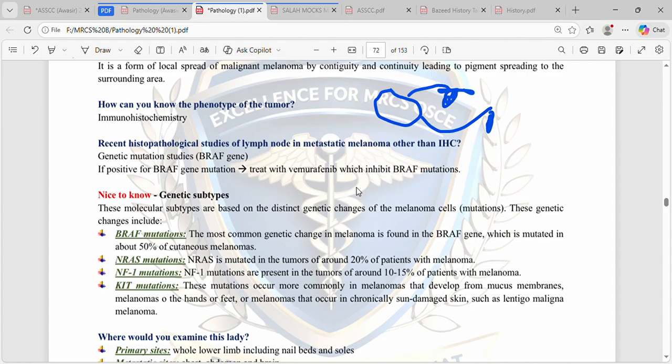If positive for BRAF gene mutation, treat with vemurafenib, which inhibits the BRAF mutation.